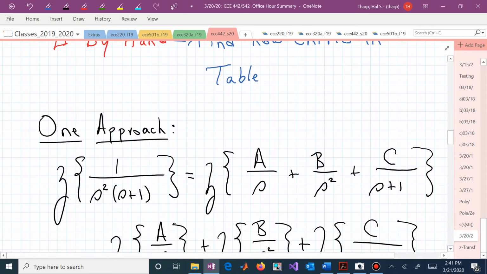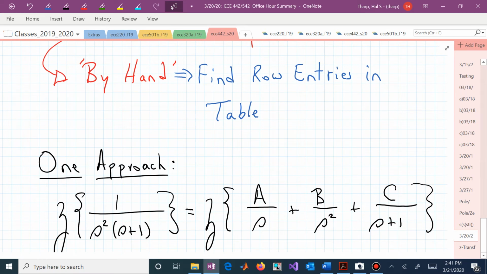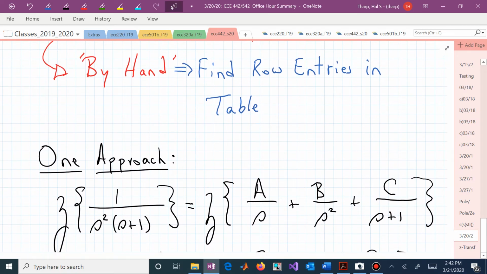One approach would be to partial fraction expand what's inside the curly braces. And that goes back to your earlier courses, and it now says, oh, I have a repeated factor at the origin, that's this s squared. I actually need then an A over s plus a B over s squared plus a C over s plus 1.